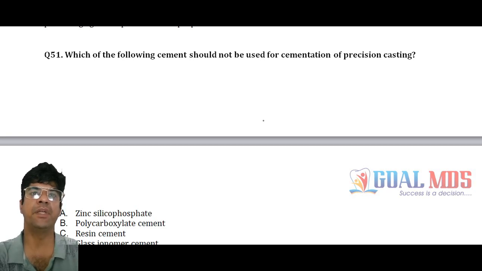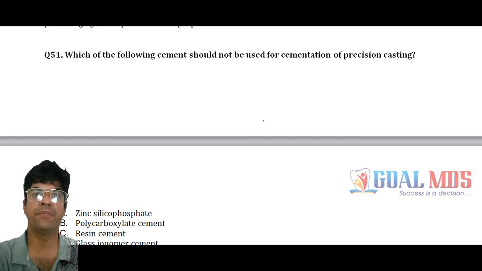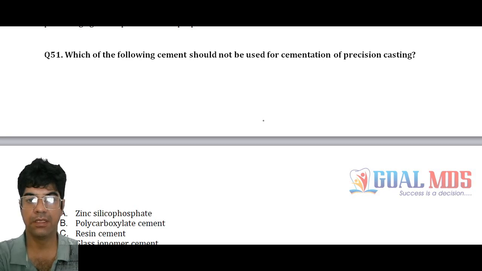Which of the following cements should not be used for cementation of precision casting? It's the resin cement. Resin cement has a higher film thickness that can make it more difficult to achieve complete seating of the casting.